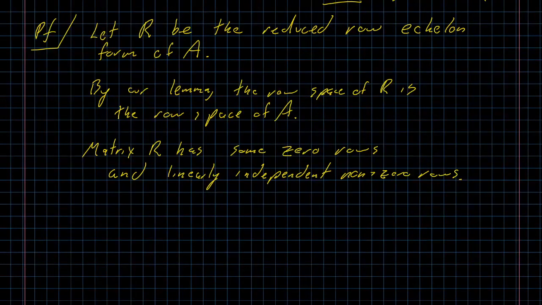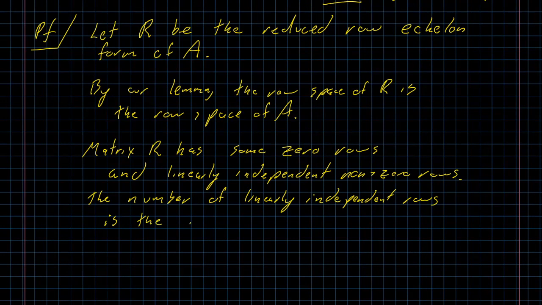And since they're linearly independent, that also forms a basis. The number of linearly independent rows is the dimension of the row space.